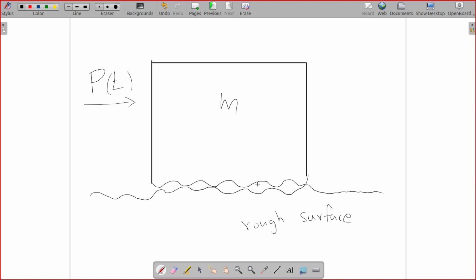They are usually microscopic, extremely small. I have exaggerated these irregularities, the roughness, so that we can study more about the concept called friction. So you need to understand that part. This is not what we see with eyes. These are microscopic structures.